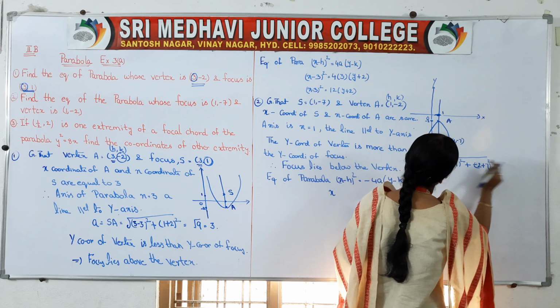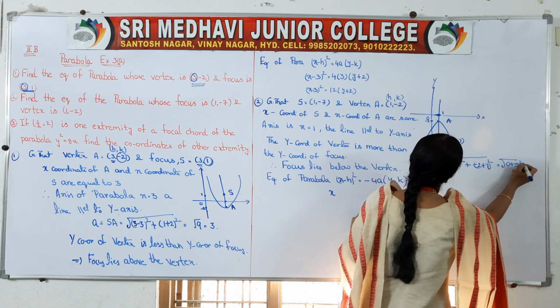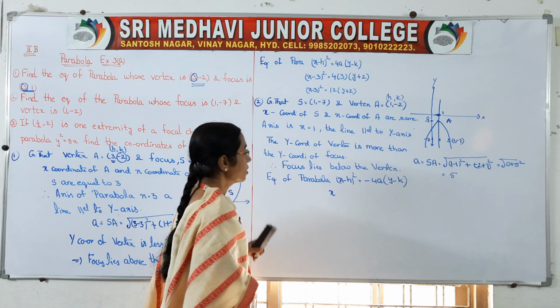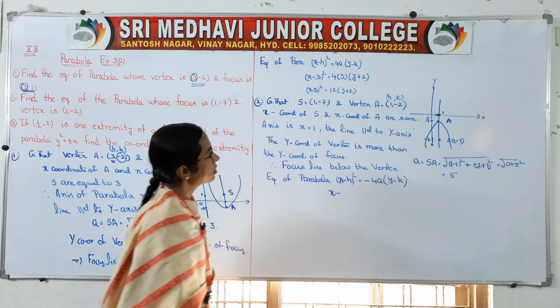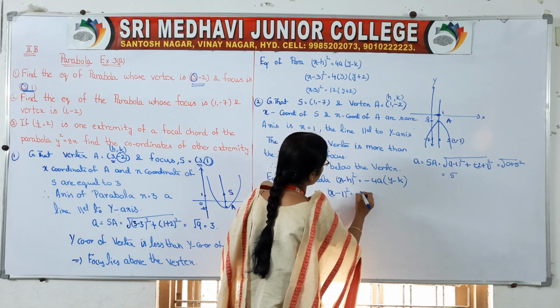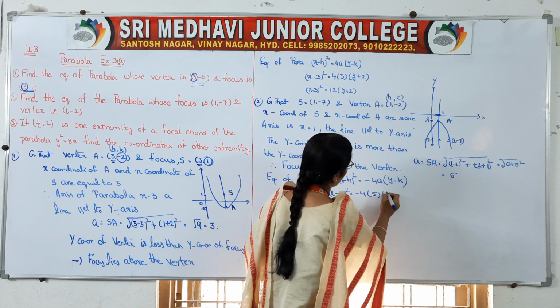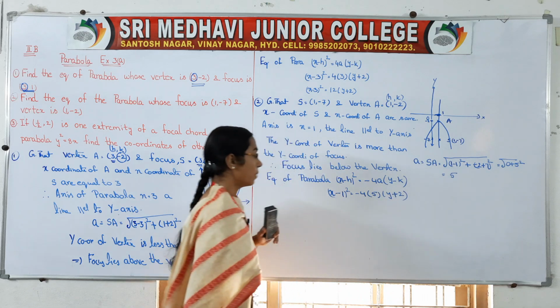Distance between 2 points, right? So this is 0 plus 5 square, so nothing but 5. Okay, so here (x minus h), what is your h value? 1. Okay, whole square is equal to minus 4 into 5, right? Into (y minus k), k is minus of minus, plus 2.